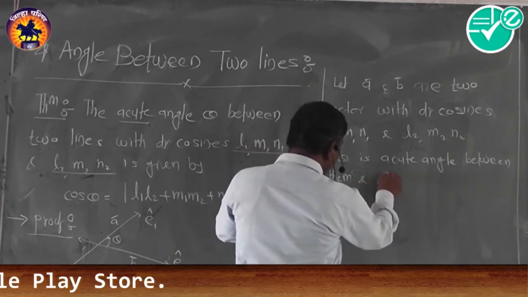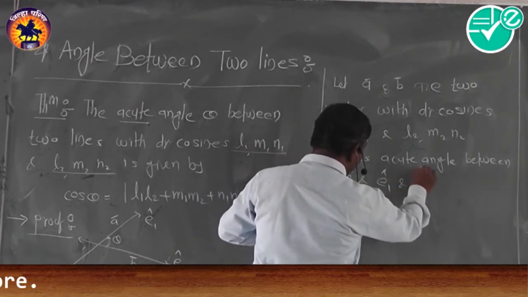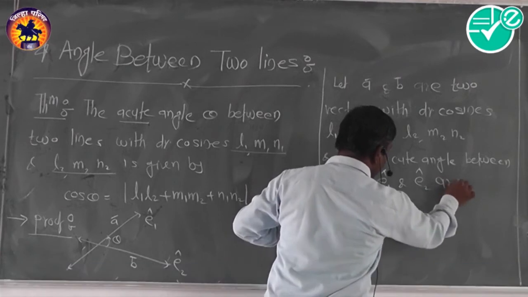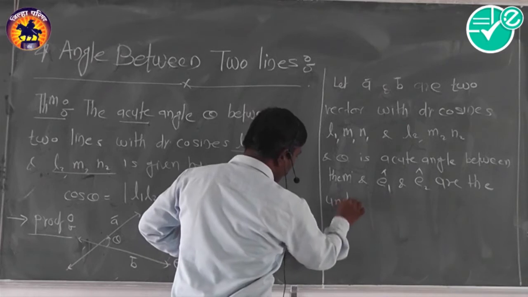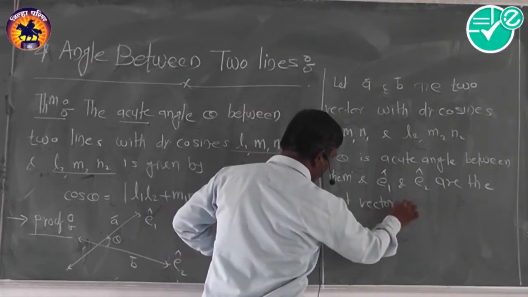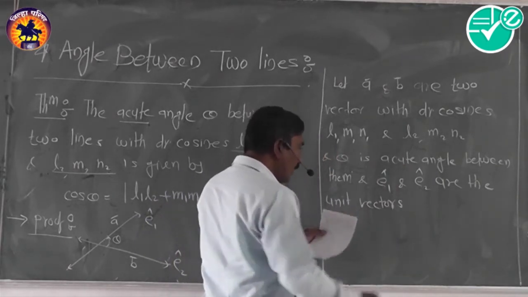And E1 cap and E2 cap are the unit vectors along A bar and B bar.